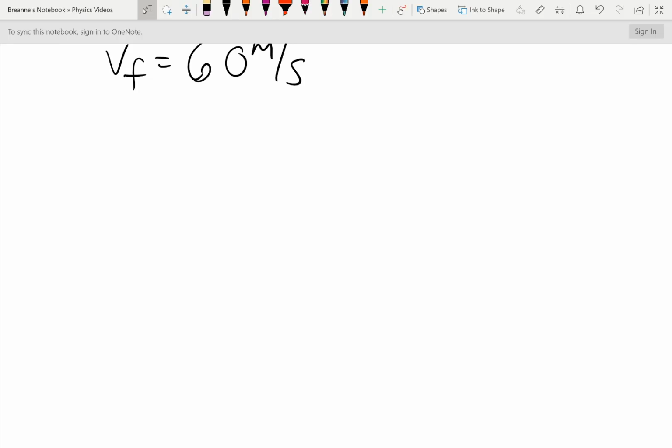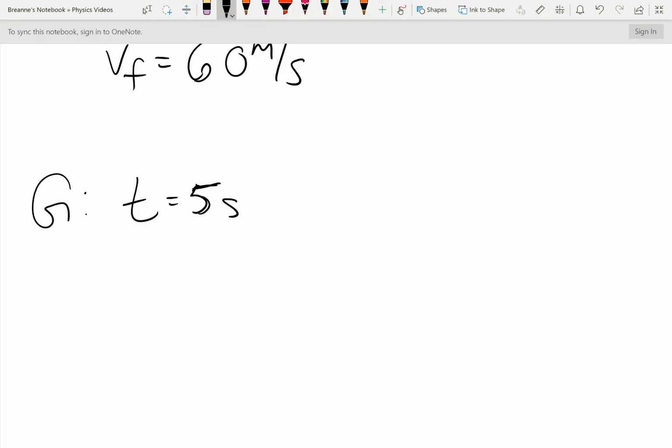Next one. What is the velocity of the ball that's thrown up, and it takes 5 seconds to reach max height? So it's givens. The given itself is pretty much time: it takes 5 seconds to reach max height.